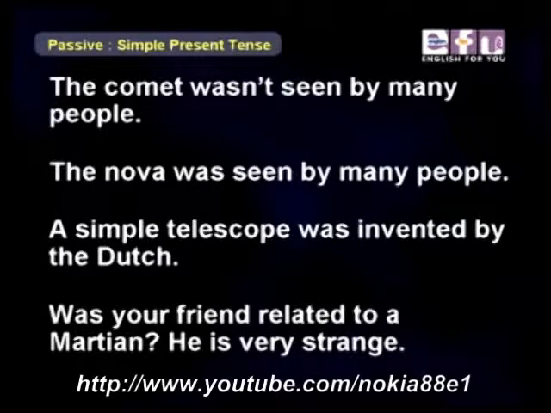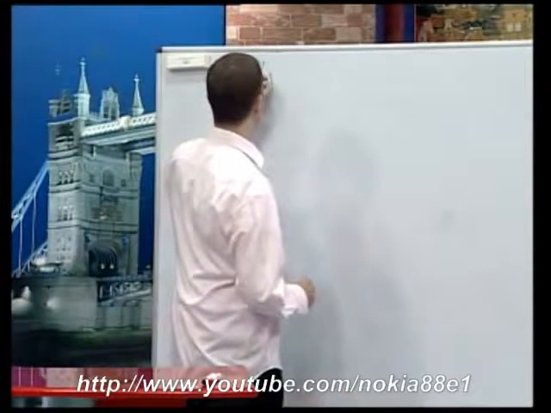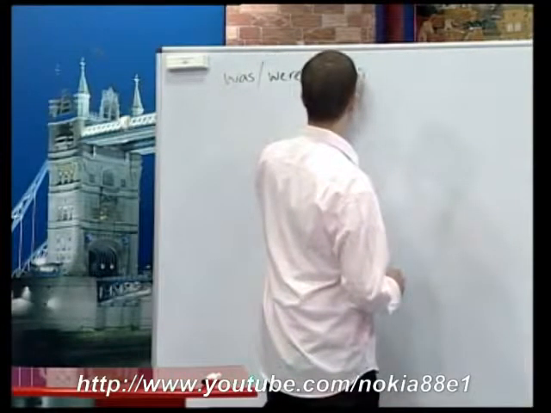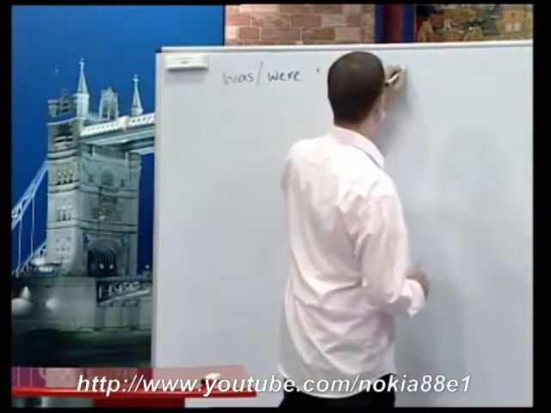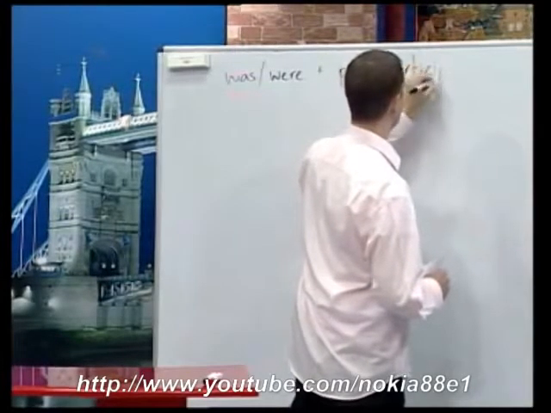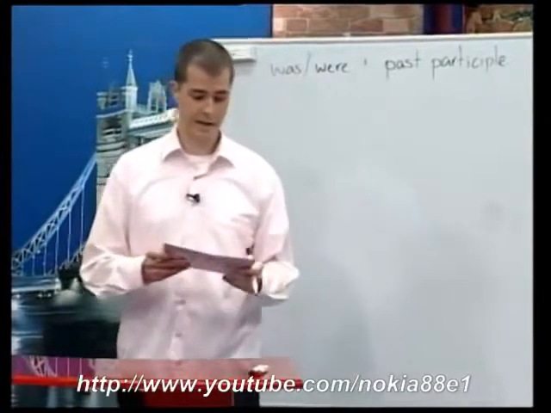Was your friend related to a Martian? He is very strange. For the simple past, we use was or were plus the past participle. Participle. There we go. So let's practice these now.